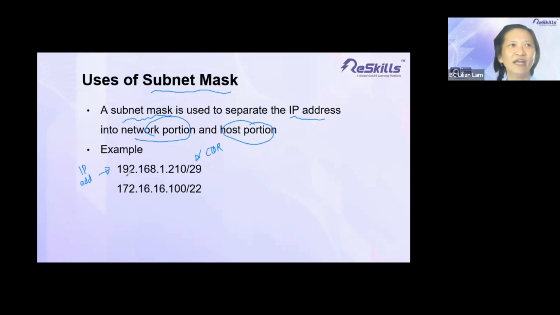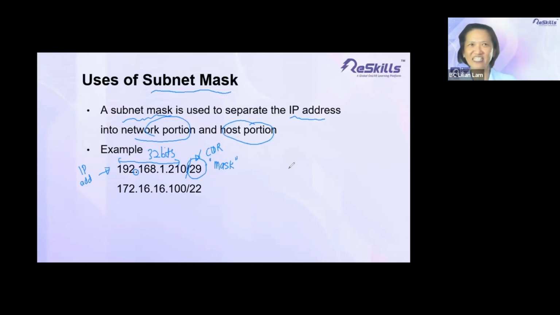So look at this IP 192.168.1.210/29. Now we know that this full IP address is 32 bits. /29 is the CIDR format for the subnet mask. In short, sometimes we call it the mask. We have a /29 mask.